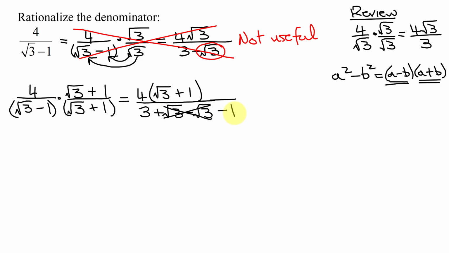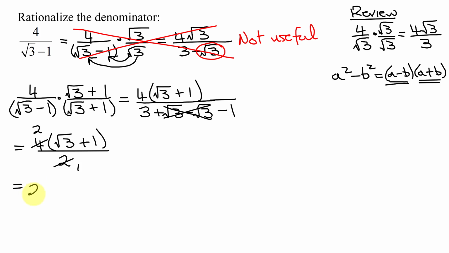And I just lined it up with the first term, the square root of 3 squared, and the last term squared. So I'm going to get 4 times the square root of 3 plus 1 divided by what's left in the denominator. 3 minus 1 is 2. Now can I simplify? Yes. 4 is a factor of the whole numerator, so 2 goes into 2 once, 2 goes into 4 twice.